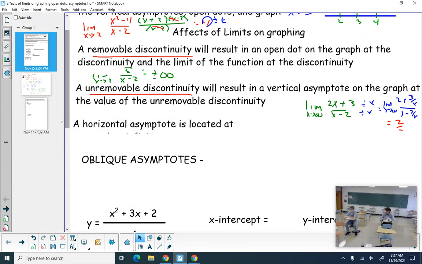Once again, it goes back to our basic definition of limits: as x approaches a specific value, what does y get closer to? As x gets closer and closer to positive infinity and beyond, y gets closer to 2, but we'll never achieve it.